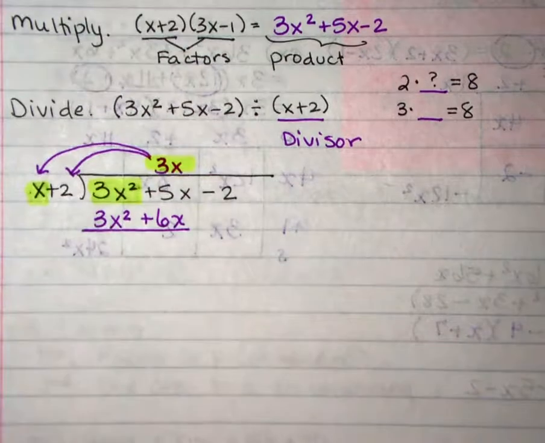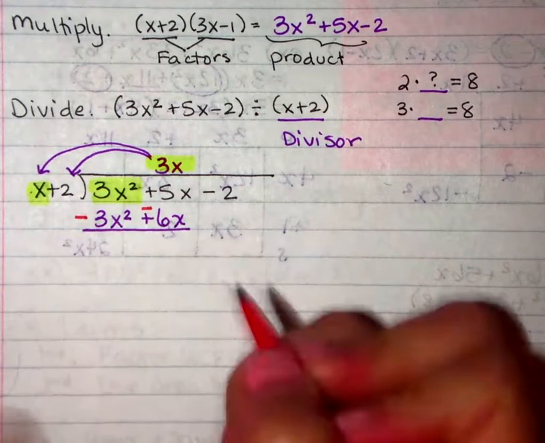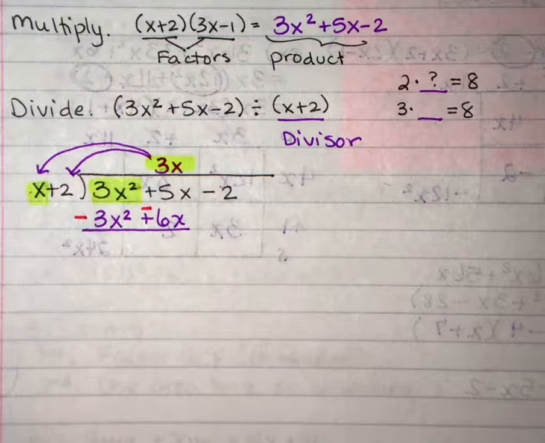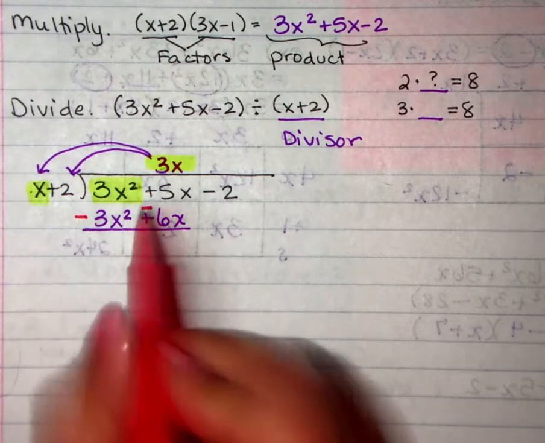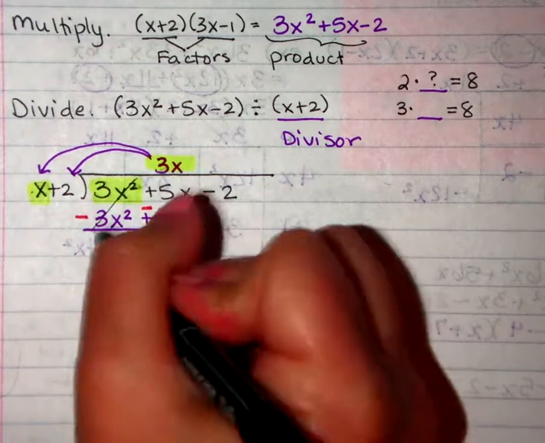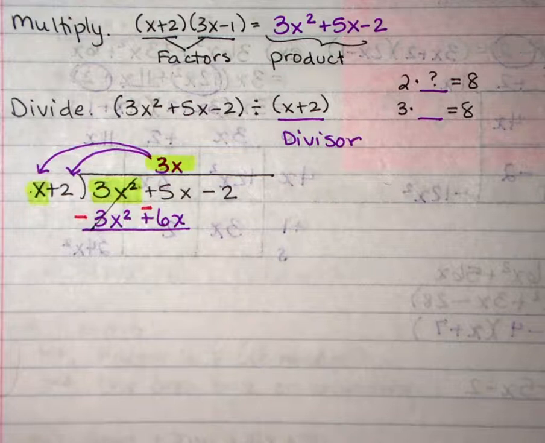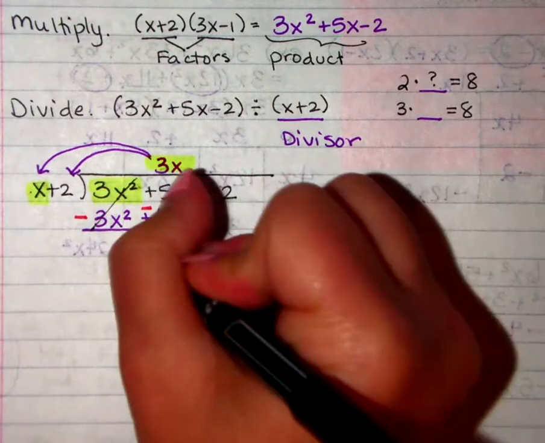So I remind myself of that by drawing the line and changing the sign. And you're going to notice that now, when I add, those terms cancel out. 5 minus 6 is a negative 1x. And just like normal division, I drop down my next digit. I'm going to drop down my next term.